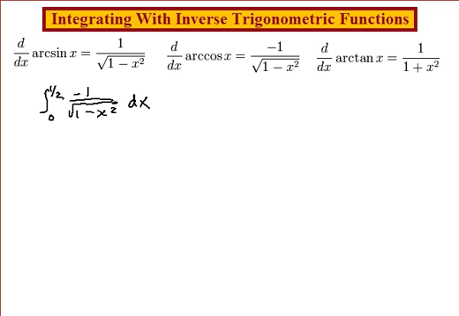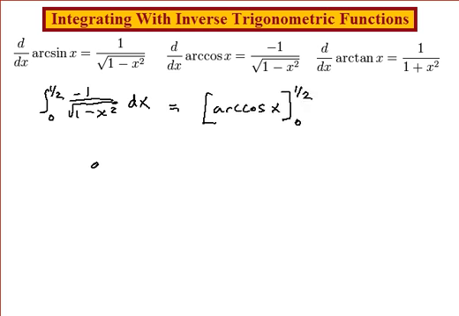This problem requires very little work up front. -1 over the square root of 1 minus x squared is the derivative of arccosine. So already we know we are going to be evaluating arccosine x using the fundamental theorem of calculus.